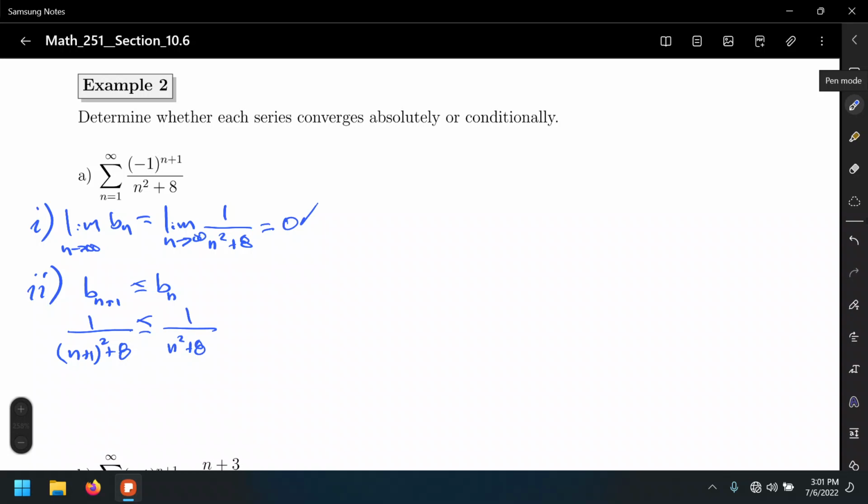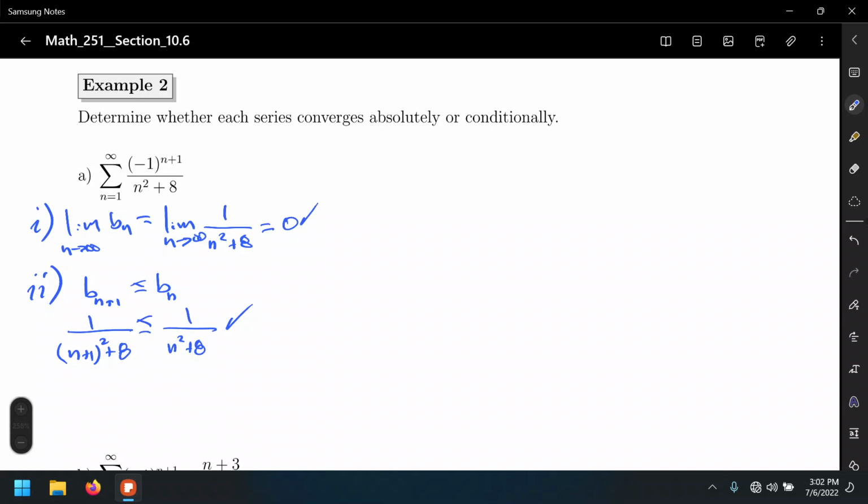Yes, because n squared is in the denominator on the right hand side, and n plus 1 squared is in the denominator of the left hand side. That n plus 1 getting squared is going to make that denominator larger, giving us an overall smaller number on the left hand side, satisfying the inequality, which is good.